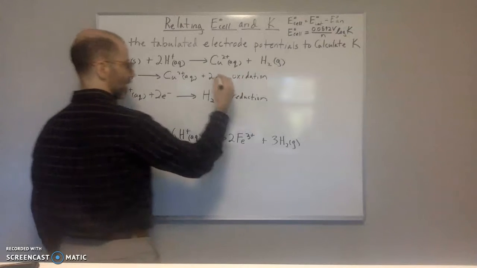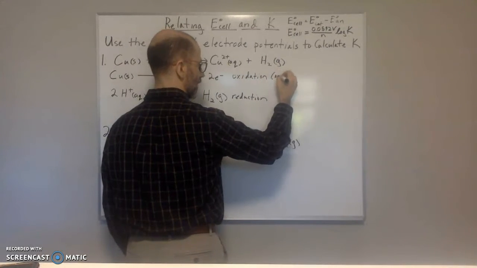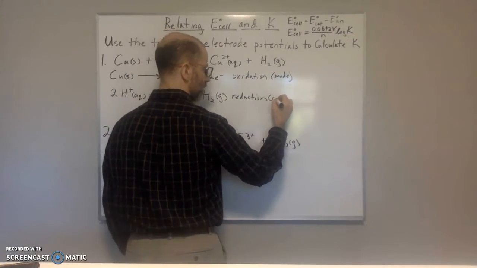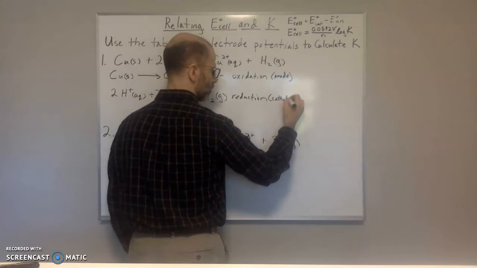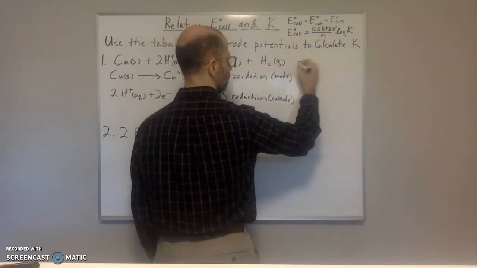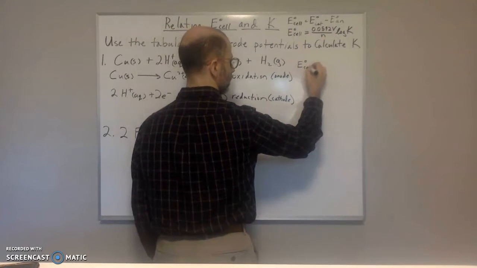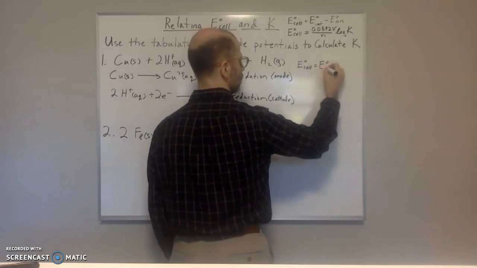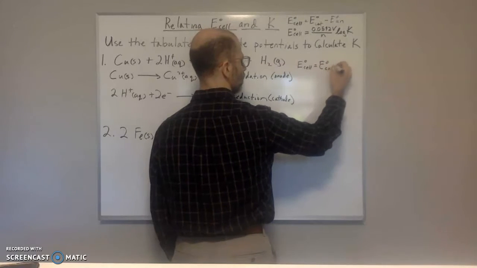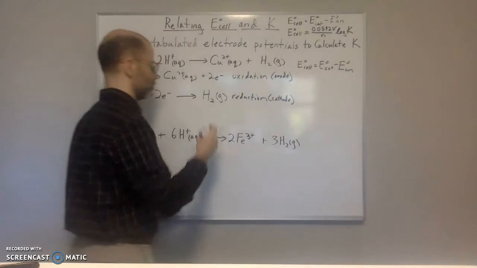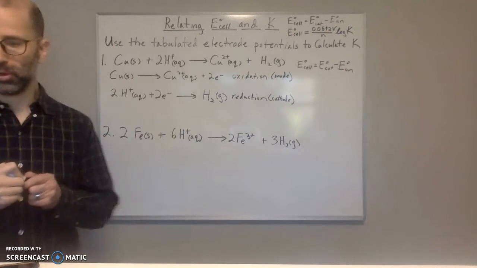And so again, oxidation is happening at the anode. Reduction is happening at the cathode. So if we use our equation here, the electrochemical potential of the cell equals the standard electrode potential of the cathode minus that of the anode. Now we just look up these values in our table.